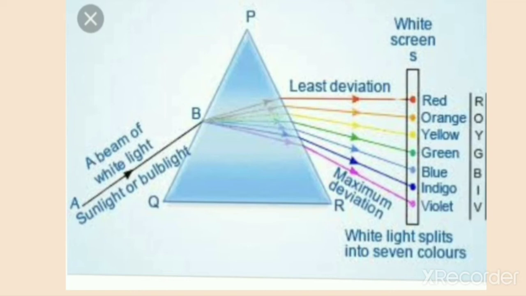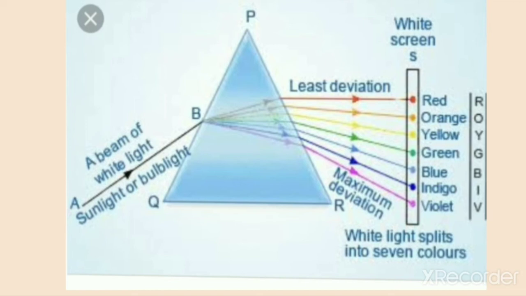You will get the seven colors only when a beam of white light, whether coming from the sun or from a tube light or bulb, passes through a prism. We have a prism in the lab, and if we get a chance, you can see the seven colors on the screen by passing white light. This phenomenon is known as dispersion.